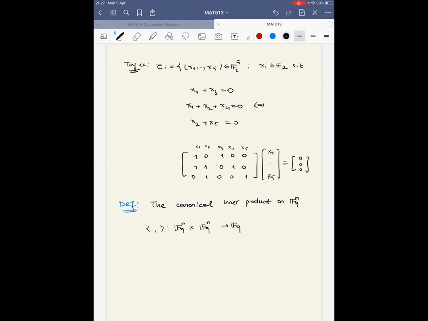Indeed, it is the same inner product which we are familiar with in linear algebra, so it is the sum of the products of their coordinates.